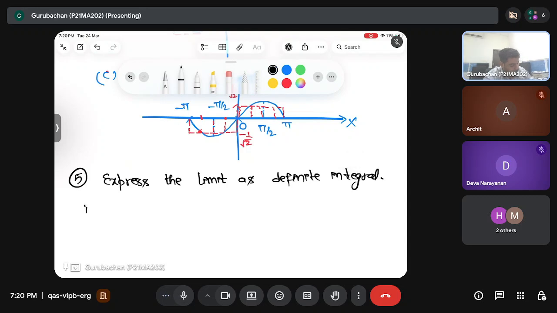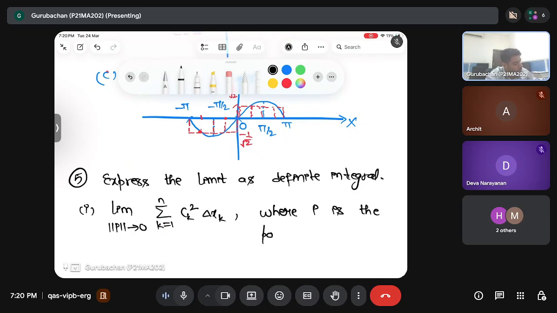The first one is the limit as the partition length goes to 0 of the summation from k equals 1 to n of ck squared delta xk, where P is a partition of 0 to 2.